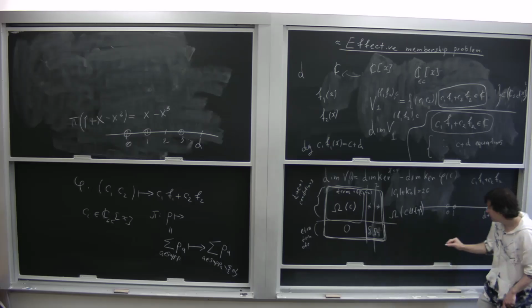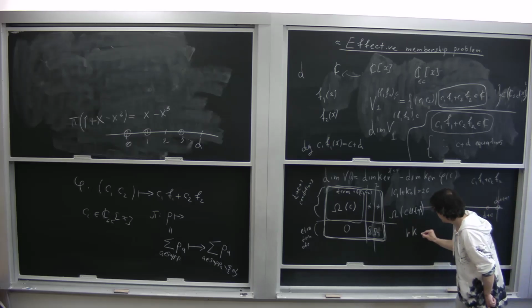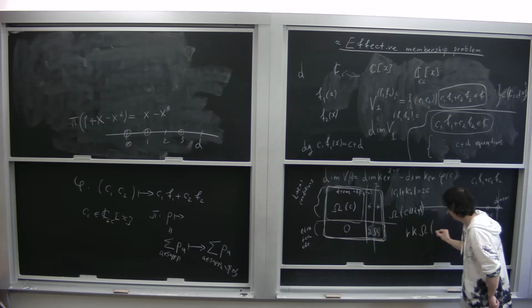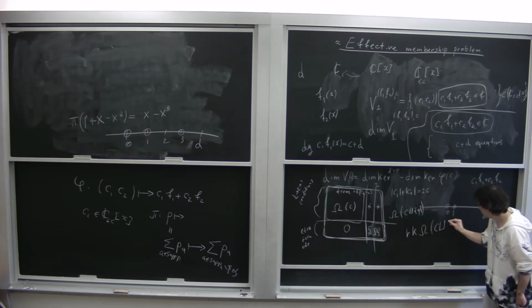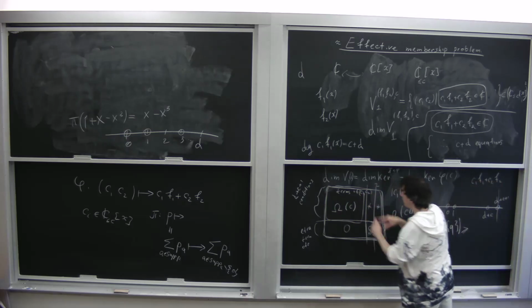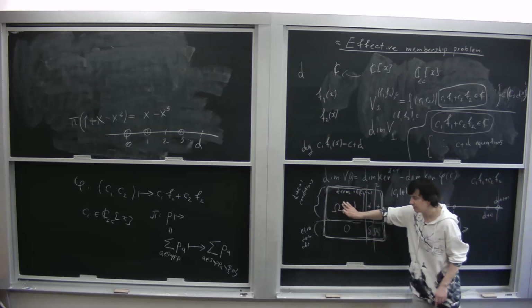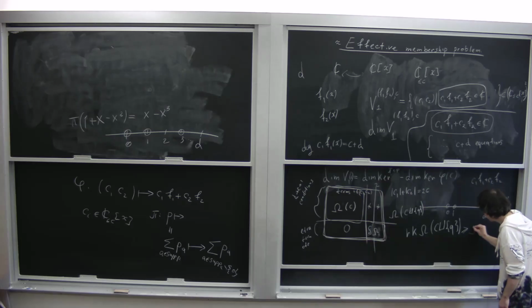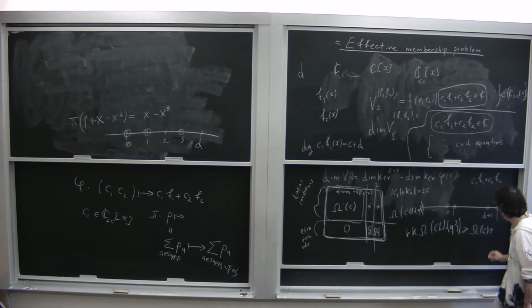And we can see that the rank of omega of C and Q is bigger or equal to the rank of the previous omega plus the rank of small omega, of delta omega.